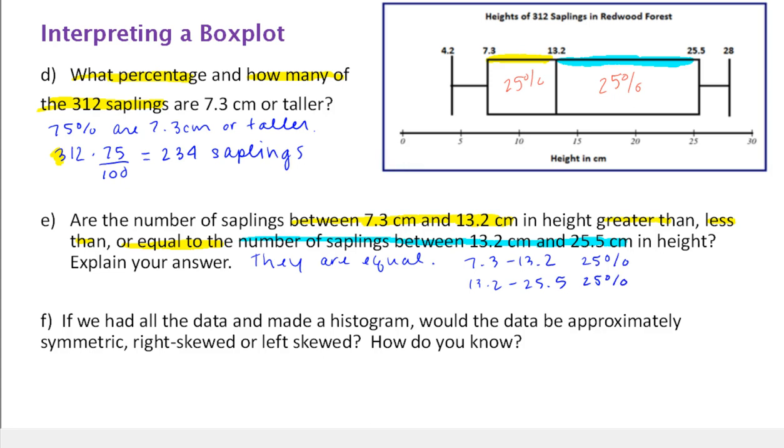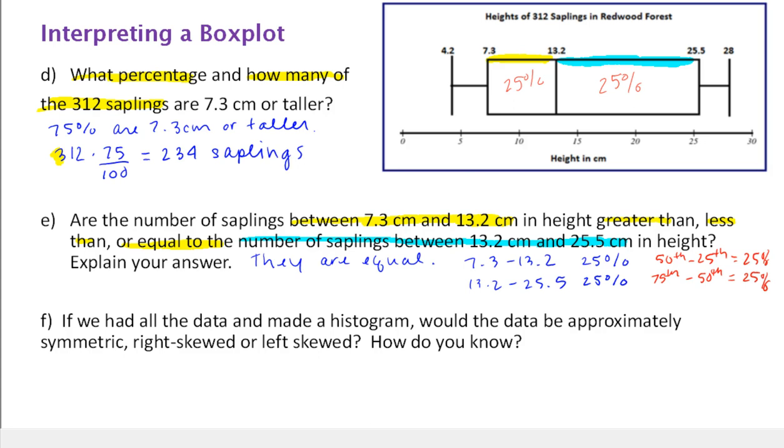We can get that by noticing that this is the 50th percentile minus the 25th percentile, which is 25%. And the difference between the 75th percentile and the 50th percentile is also 25%.